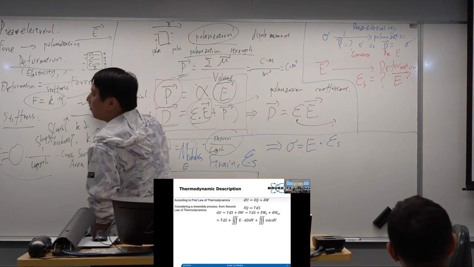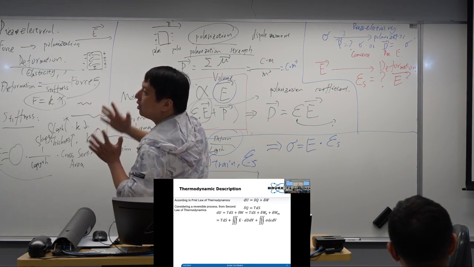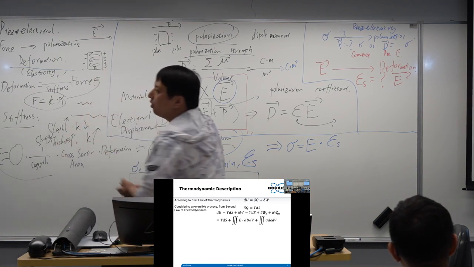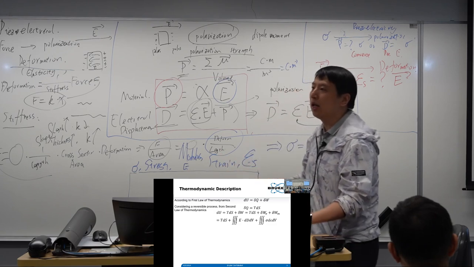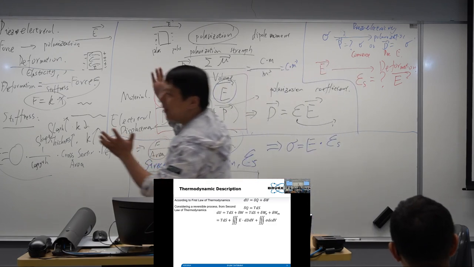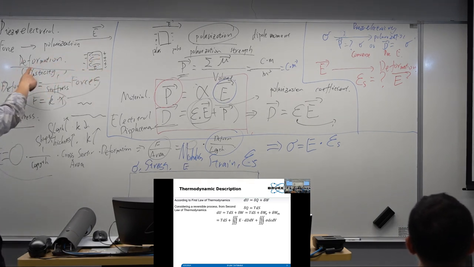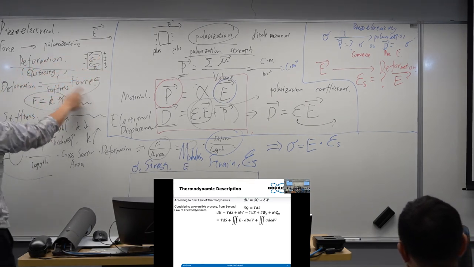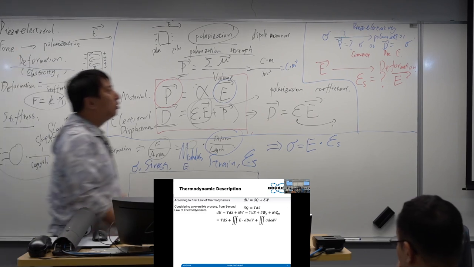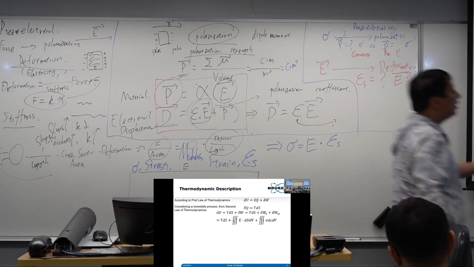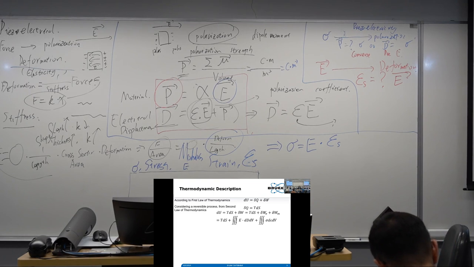And to change this deformation, it's mechanical work, right? This mechanical work is easy to calculate. It's the force times the length. So this force and the length is just the force and the deformation. So the energy of this mechanical part can be easily done.